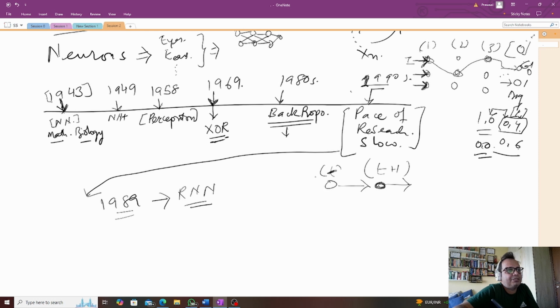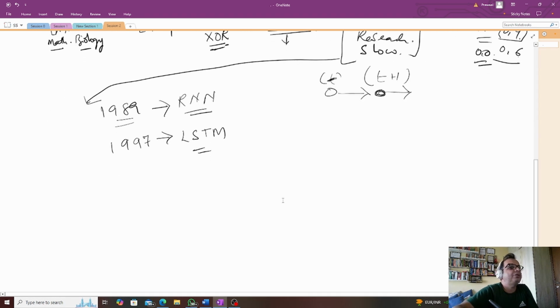Sometime in the middle of the 1990s, I think it was 1997, LSTM came into the picture. LSTM stands for long short-term memory.